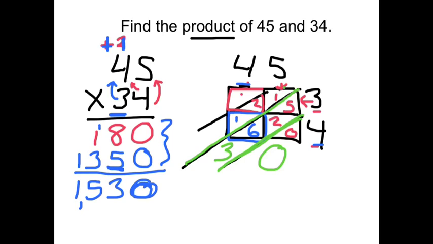Carry the 1. 1 plus 2 plus 1 plus 1 is going to be 5. And in this last diagonal above it, there is a 1. So we can see we got 1,530, just like before. So the product is 1,530.